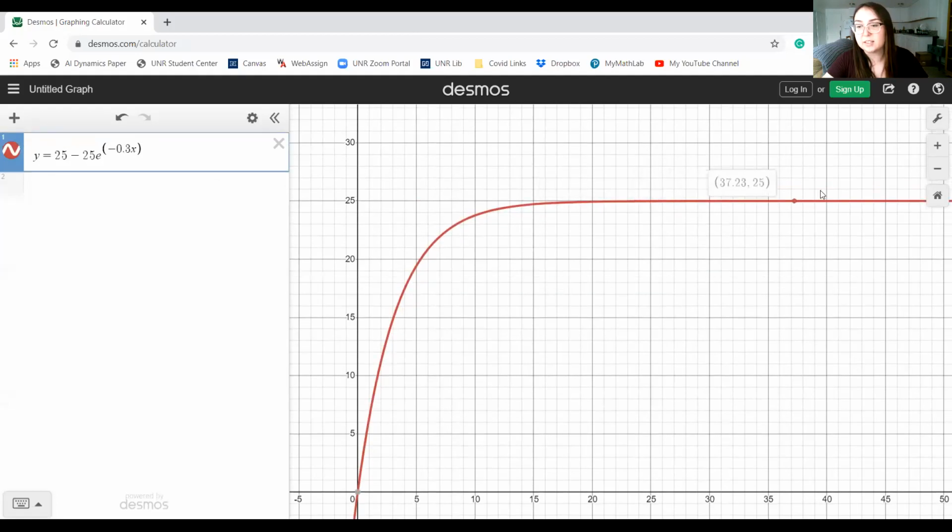As x increases, our value is going to stay at 25, or get really close, and then be at 25. So we can say that as x goes to infinity, our equation will go to 25. And this will be our maximum number of items that we could produce.